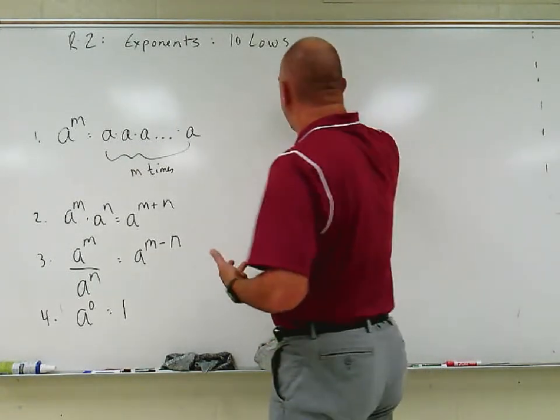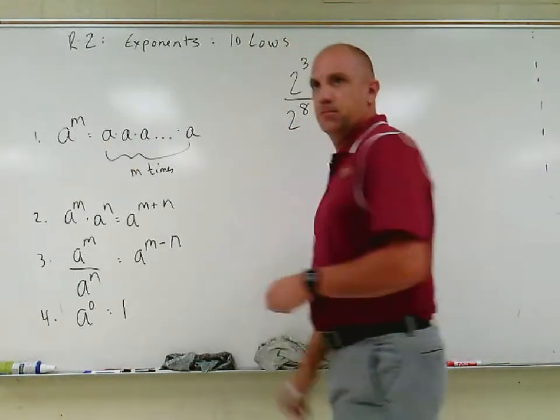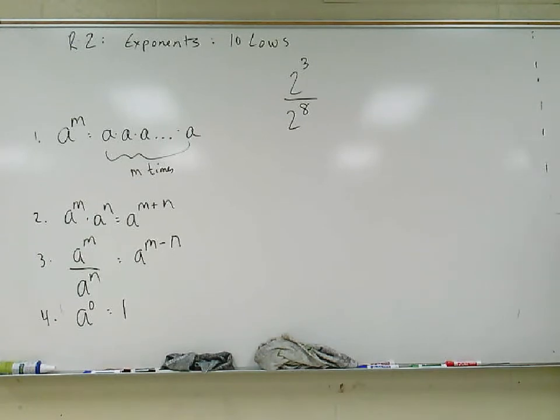Like, what if we had 2 cubed over 2 to the 8th? If we just use the rule, what should the answer be to this one if we use rule 3? 2 to the negative 5.